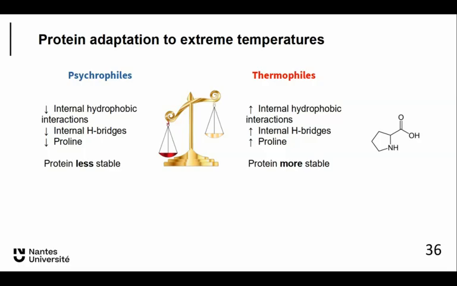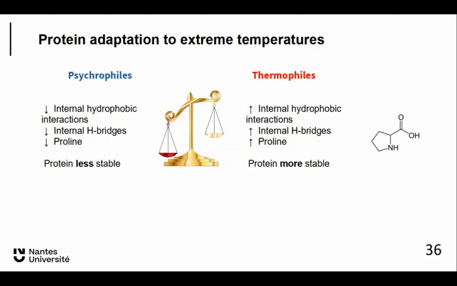They also don't have so many internal hydrogen bonds, and they don't have so much proline in their proteins. Overall, this means their proteins are less stable and more flexible. But all enzymes need a little bit of thermal flexibility, otherwise the catalysis won't function. So it's important for their proteins to have a little bit of flexibility, even at low temperature, and these are the adaptations that allow that to happen.